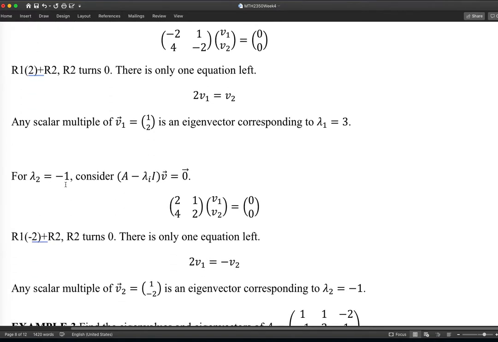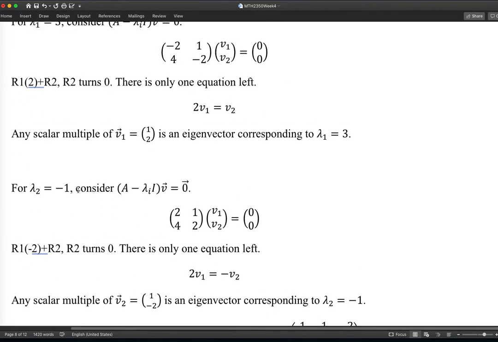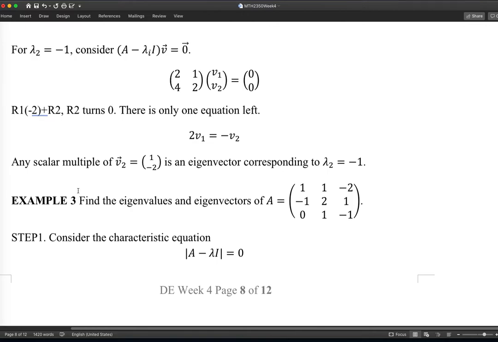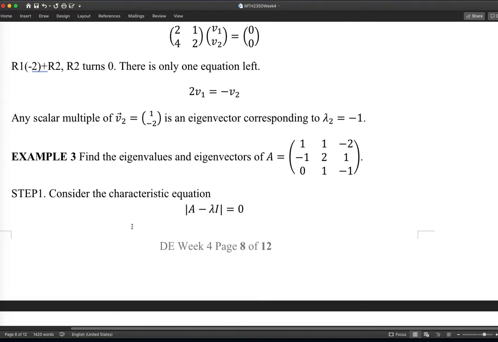How about we work on one example, a 3 by 3 square matrix, and we want to find the eigenvalues and eigenvectors.